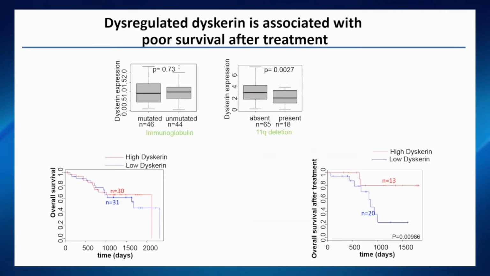So what we think is that it could be DKC1 that's somehow modifying this whole program and is one of the drivers. And then if we look at survival, we find that patients who have high levels of dyskerin, so towards more normal level, have a much better overall survival following treatment than those that have a low level of this protein.